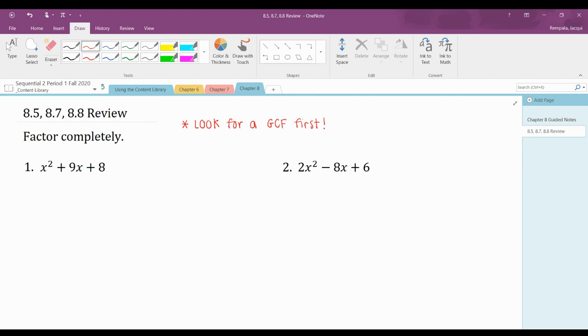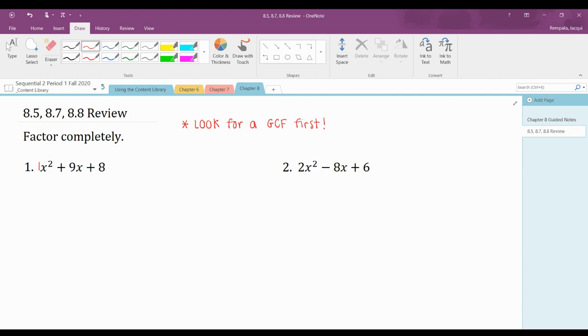If I'm looking for a GCF, that means I'm looking for a number that all of them have in common or a variable that they all have in common. I see that there is technically a 1 in front of that x squared. Remember, when there's a 1 in front, the only number that they will all have in common is the number 1, and factoring that out will not change the problem.